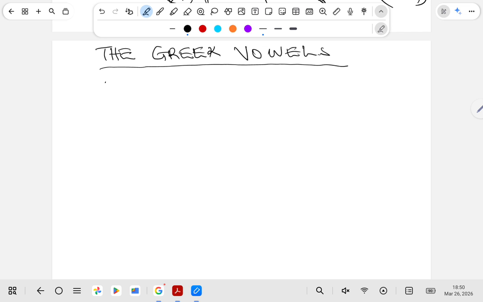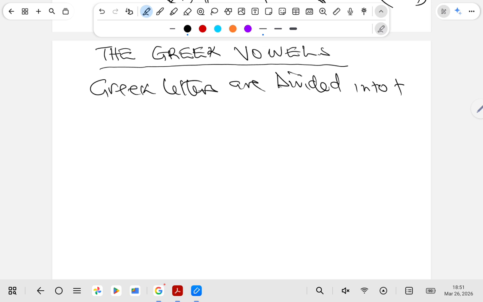And so Greek letters are divided into 2. The first is what we call the vowels, and number 2 is what we call the consonants.